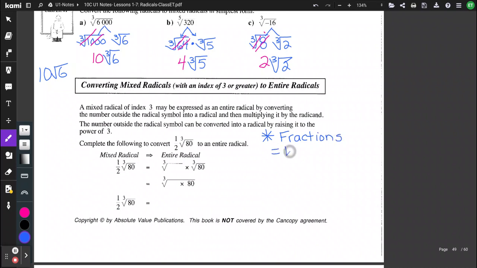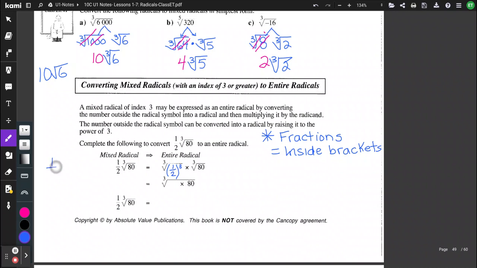They go inside brackets. Okay, so that means under here, I'm going 1 over 2, and I'm going cubed. So I'm going 1 over 2 cubed.